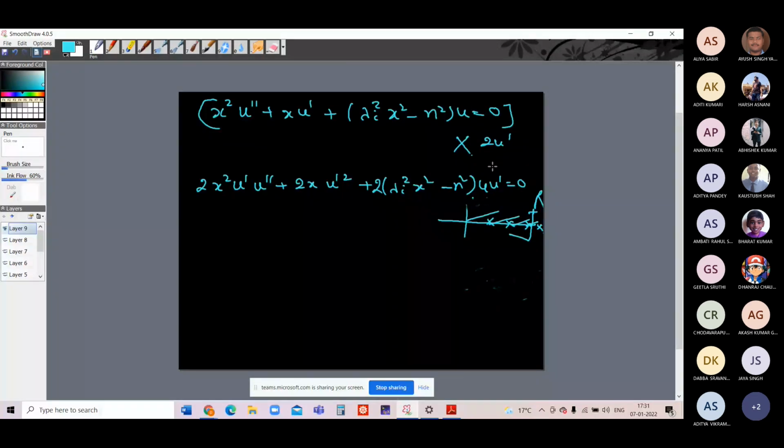Now you can see that this is the total derivative of x square u dash square. It means that we can write here x square u dash square, and this is 2 times n square u u dash, which can also be written as minus of n square u square.